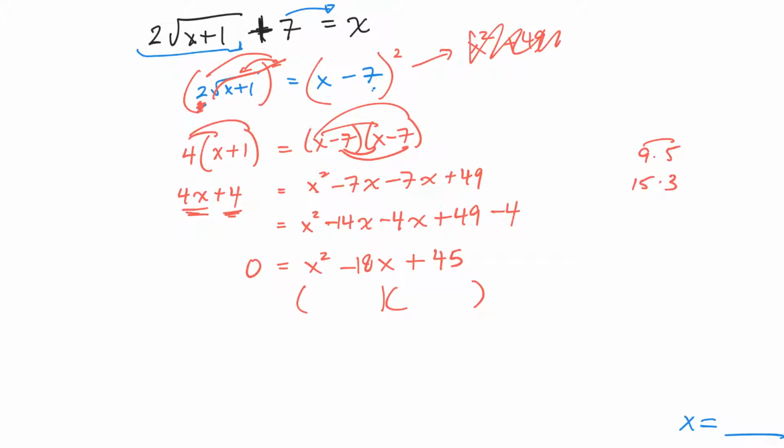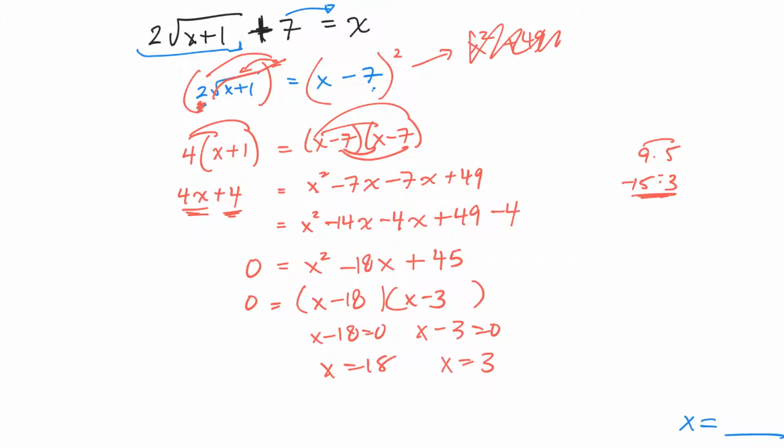When you add them, you get 18. Yeah, those are the ones right there. But they have to add to a negative 18, so both of these would be negative. So it'll be x minus 15 and x minus 3 equals 0. So either x minus 15 is 0 or x minus 3 is 0. So x is 15 or x is positive 3.